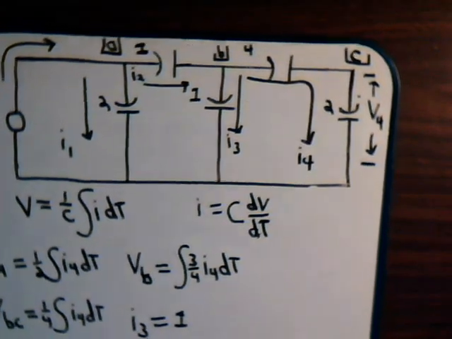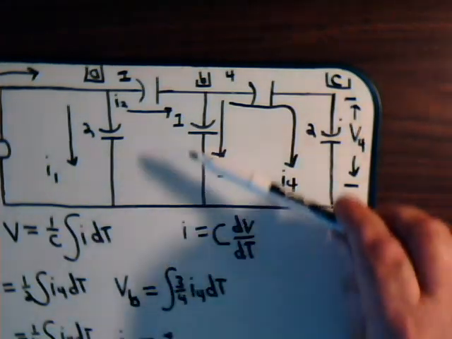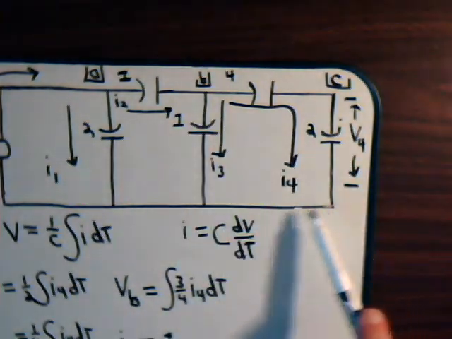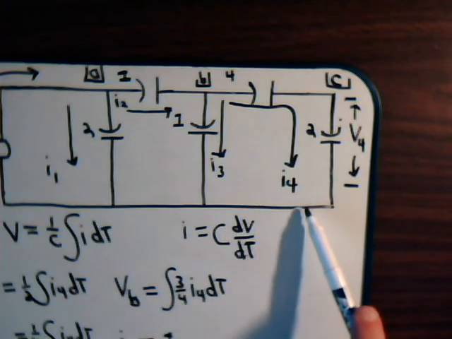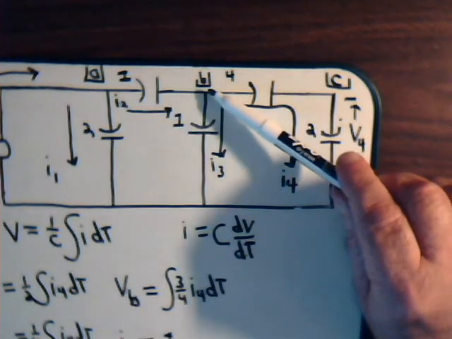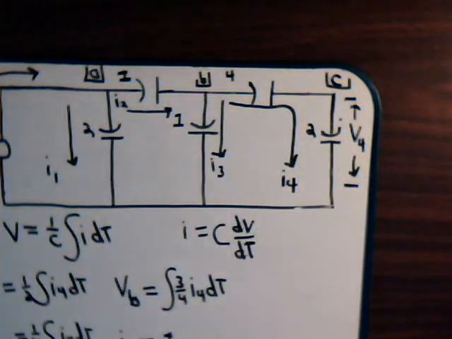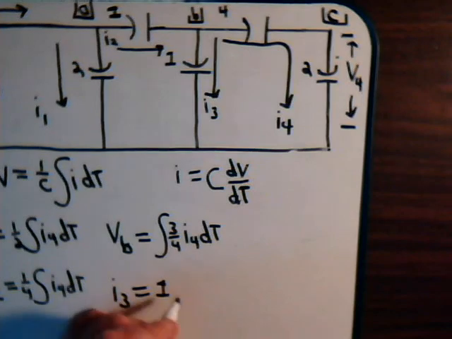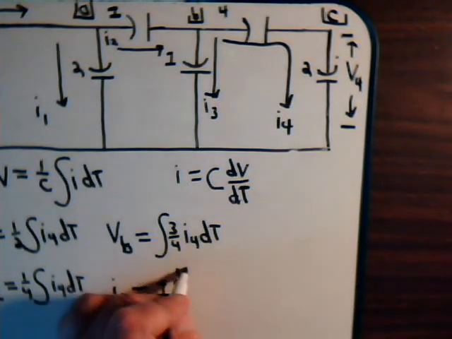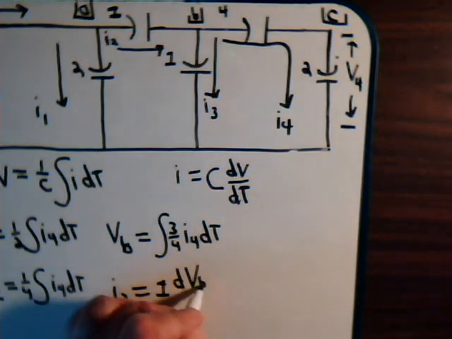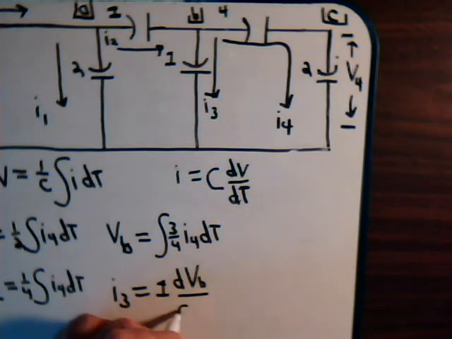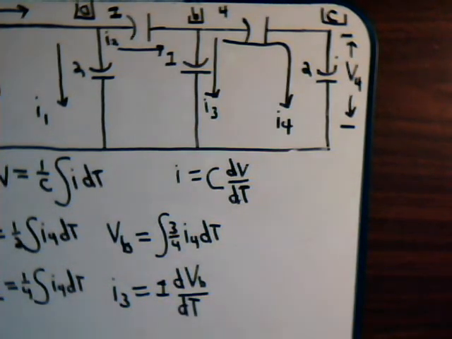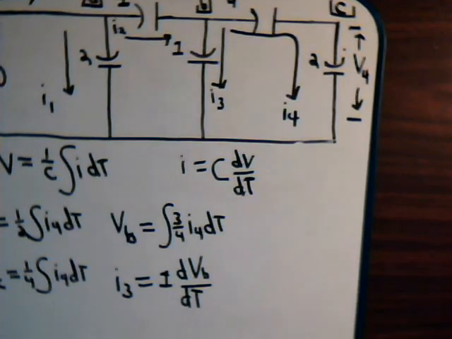Well, the voltage across this capacitor, of course, is referenced here at ground zero. We know what VB is, we have a general expression for it. So I3 is going to be C, which is 1, dVB/dt.